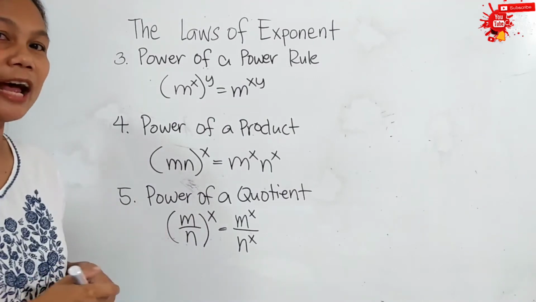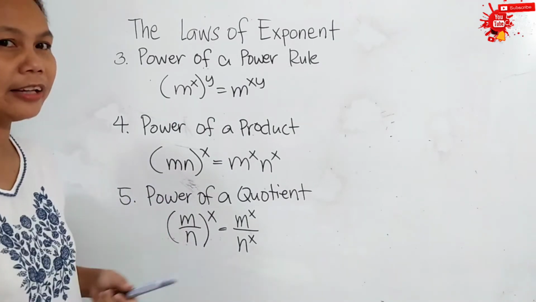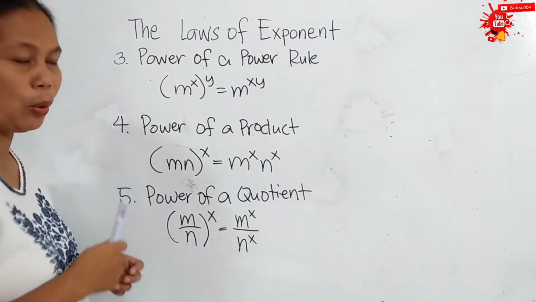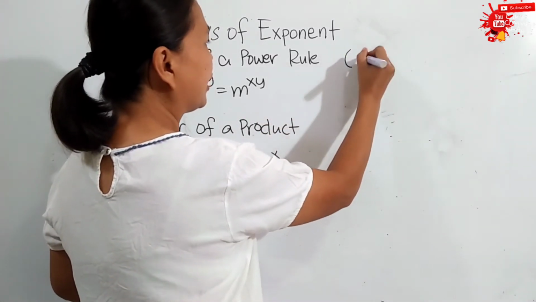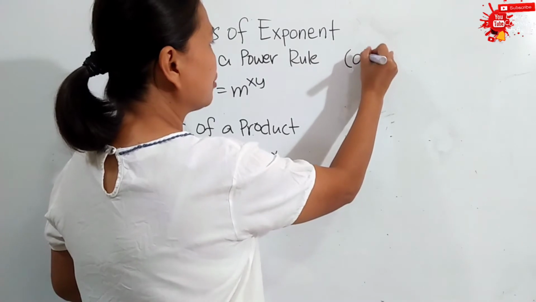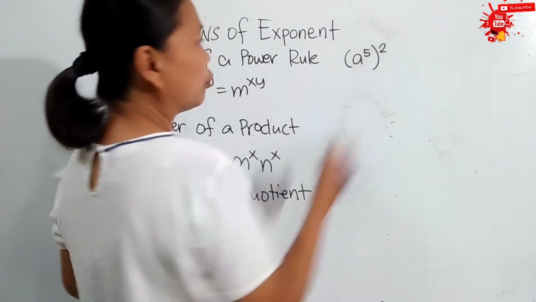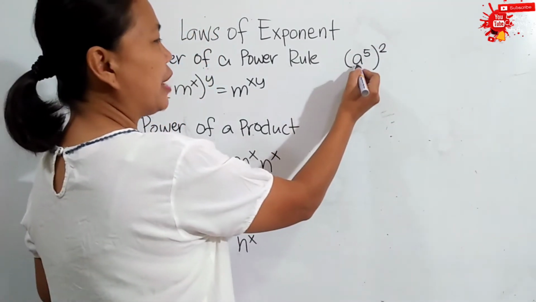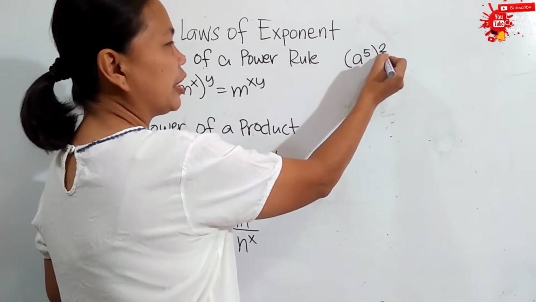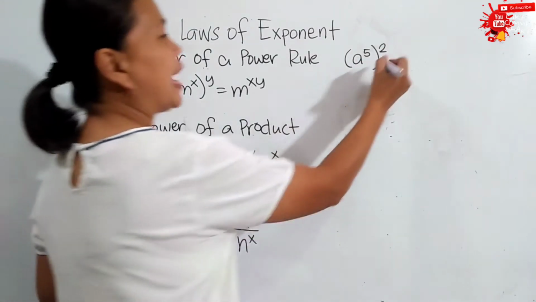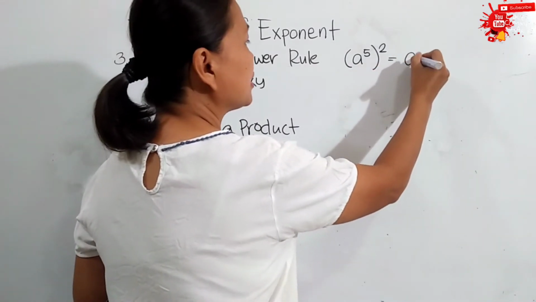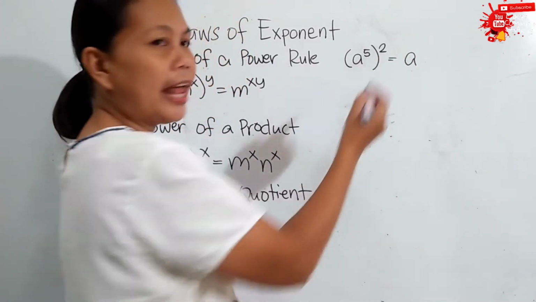So let us have an example for a more detailed explanation of the third law. So we have here the quantity of a raised to 5 raised to 2. We have the base a raised to 5, then we have a particular exponent outside the parentheses. So it means that we copy the base, then multiply the exponent.